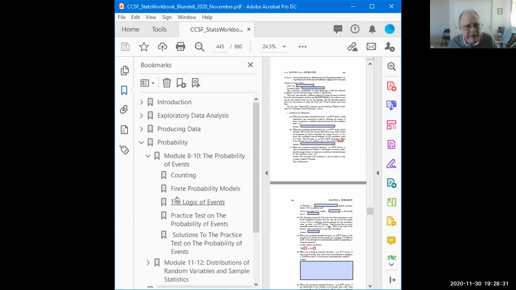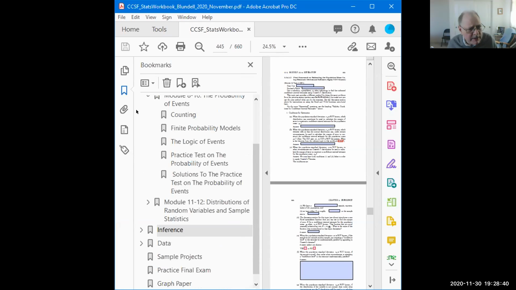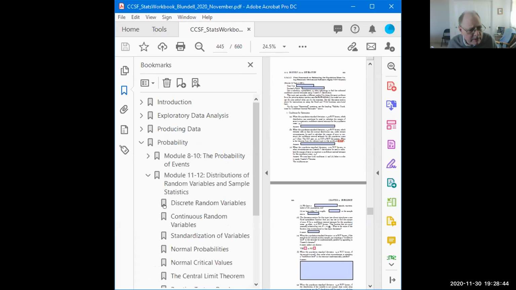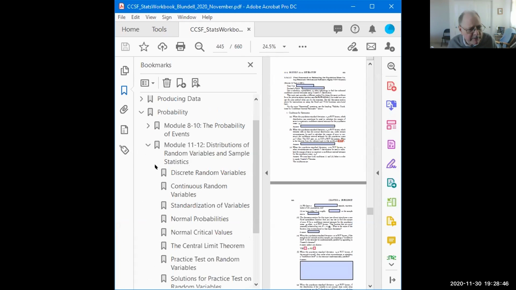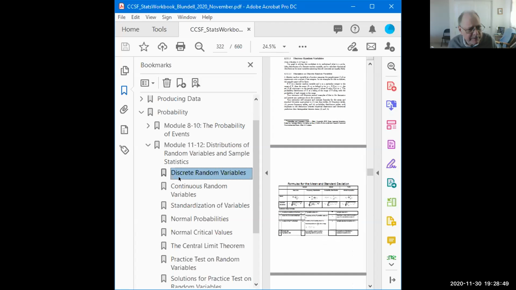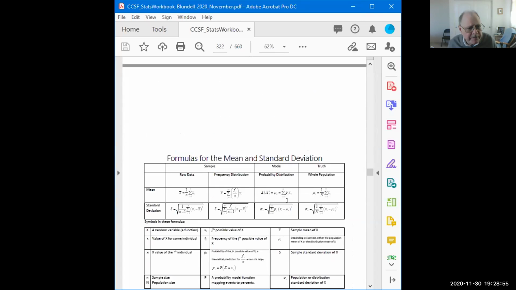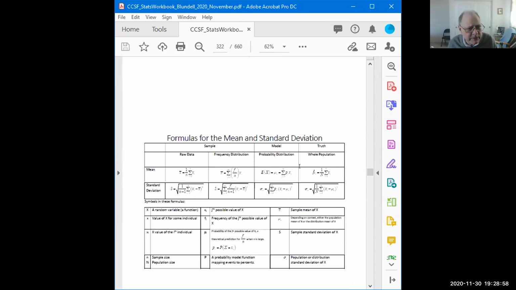I'll review that in this video in just a few minutes, but the first place you would have seen that is under discrete random variables. There's this table on page 322 in the November 2020 edition of the workbook.